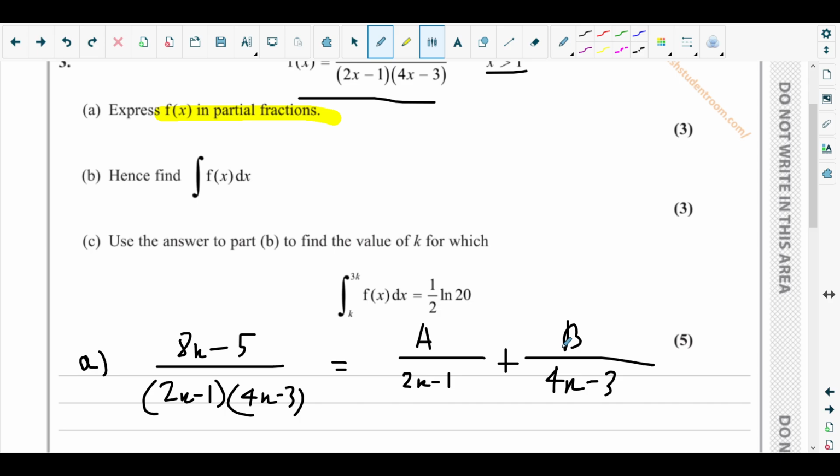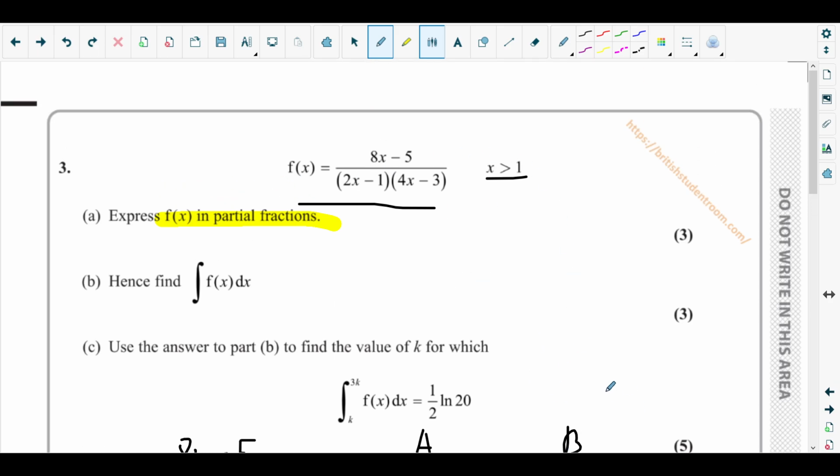To understand this, you need to understand the type of fraction. The type of algebraic function depends on the power of the variable at the top, the numerator, and at the bottom, the denominator.